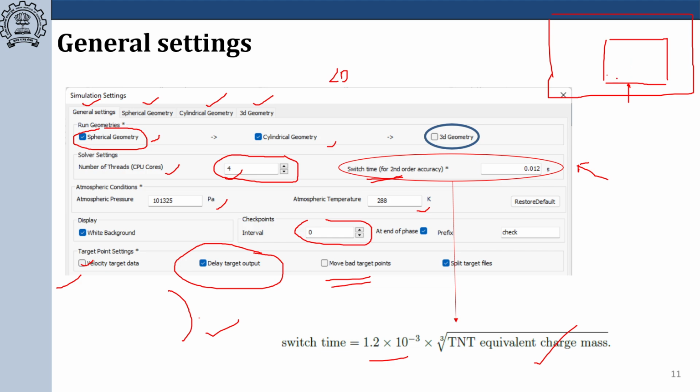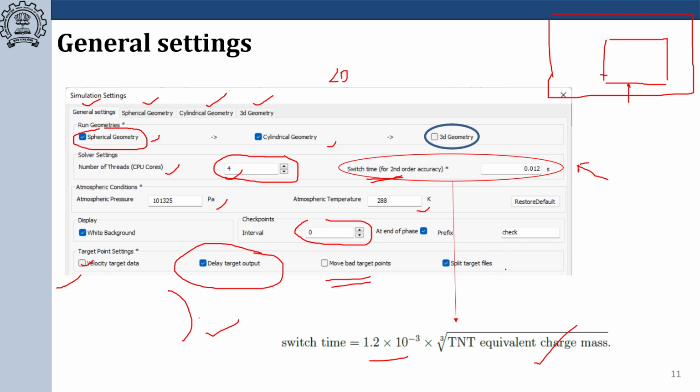So what it does is, it will shift the target point only one cell ahead from the current position. This is very useful if you have not calculated properly and the target point is getting inside the structure, then use this option.